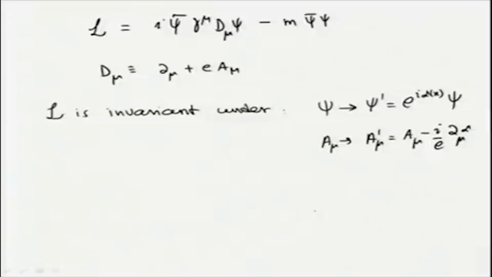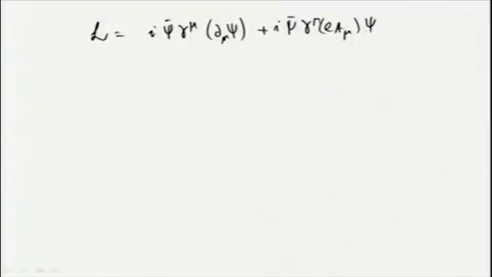And now let us look at the equations of motion of psi bar with this. So, L is equal to i psi bar gamma mu dou mu psi plus i psi bar gamma mu e A mu psi minus m psi bar psi.